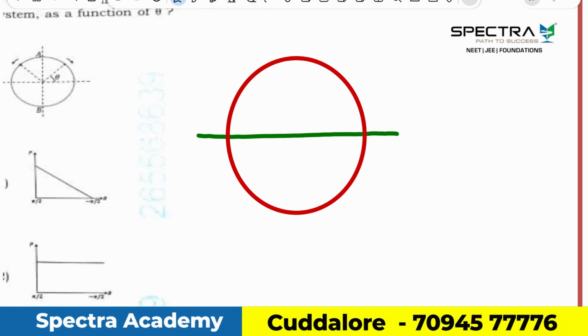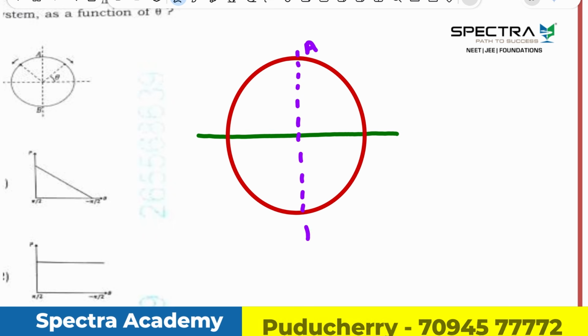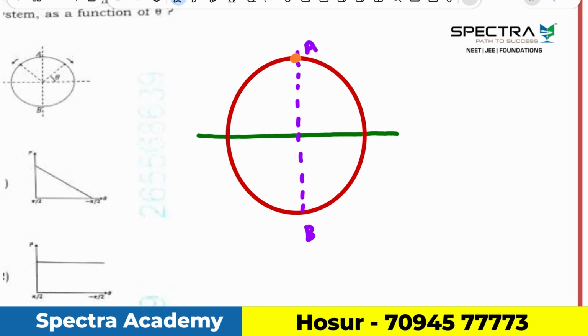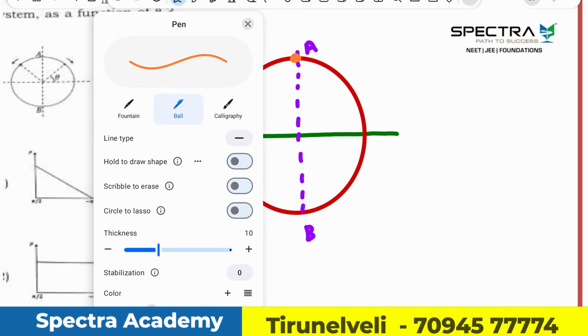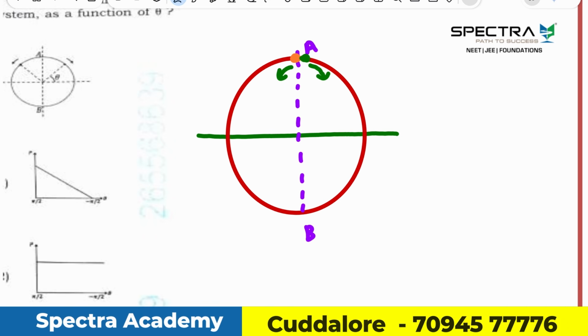Here, this is A and this is B. Now two particles start from here. Another particle, I use another color, something dark. Two particles: this particle will move this way and this particle will move this way.